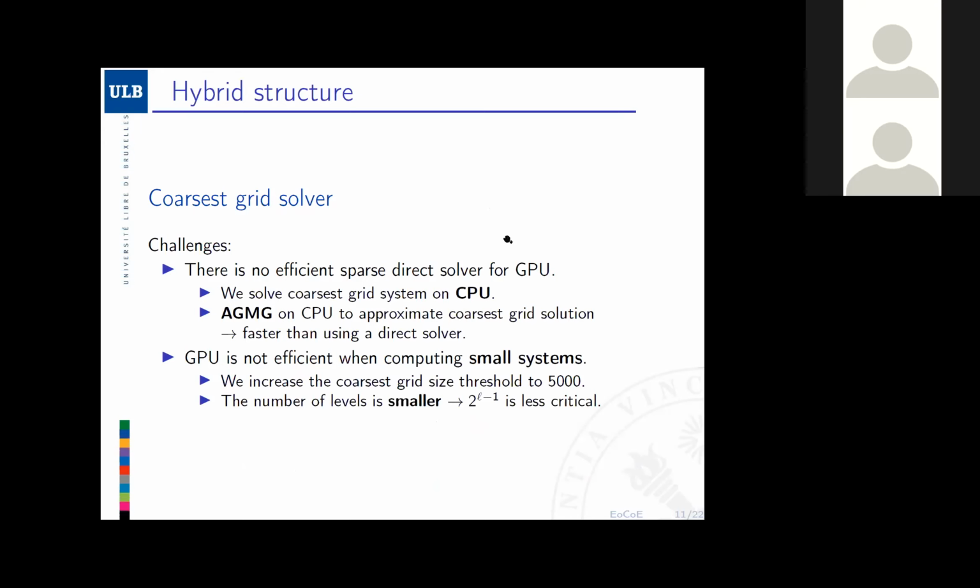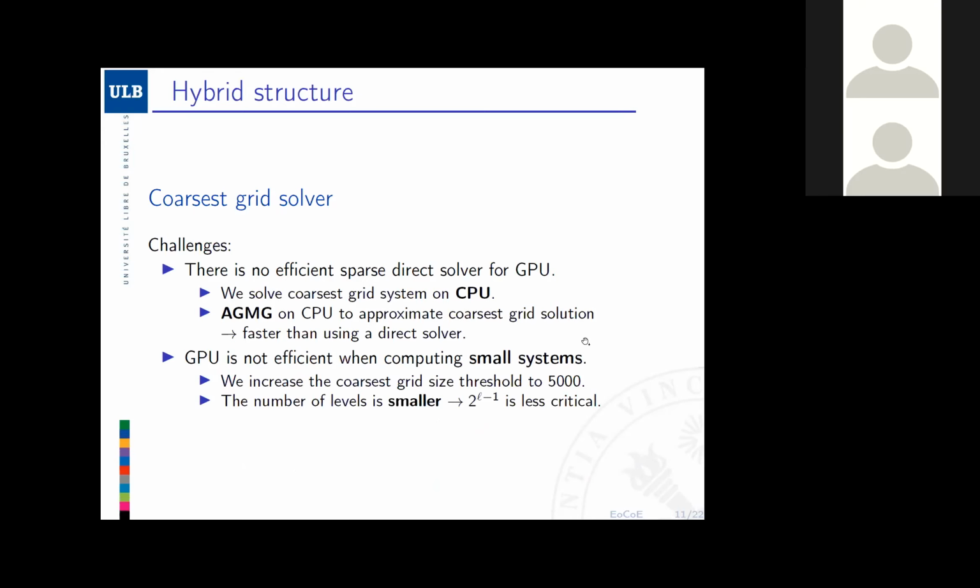The first challenge is that there's no efficient sparse direct solver for GPU. So in order to solve this, we are going to use the already existing CPU solver. And we are going to see that we use a hybrid solver with GPU and CPU.